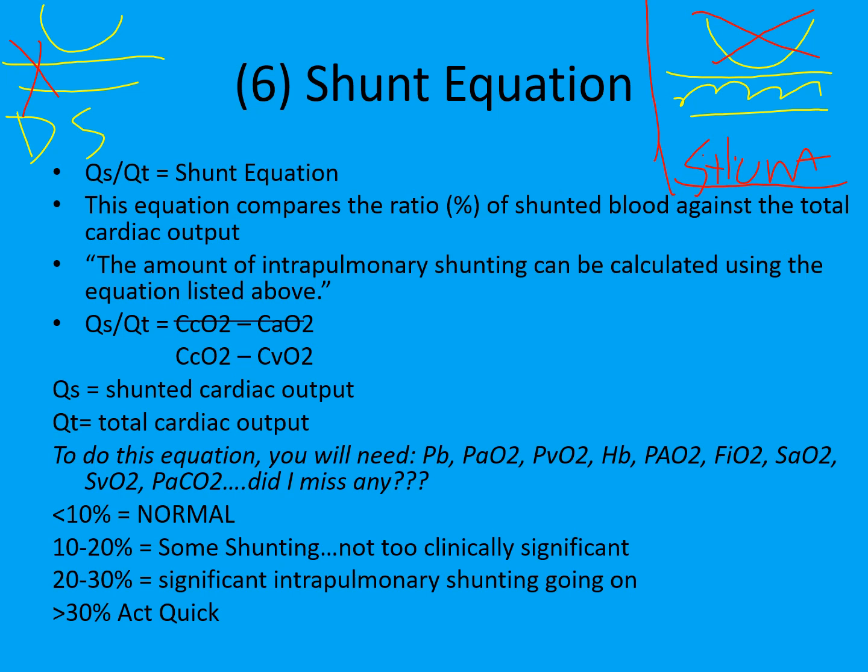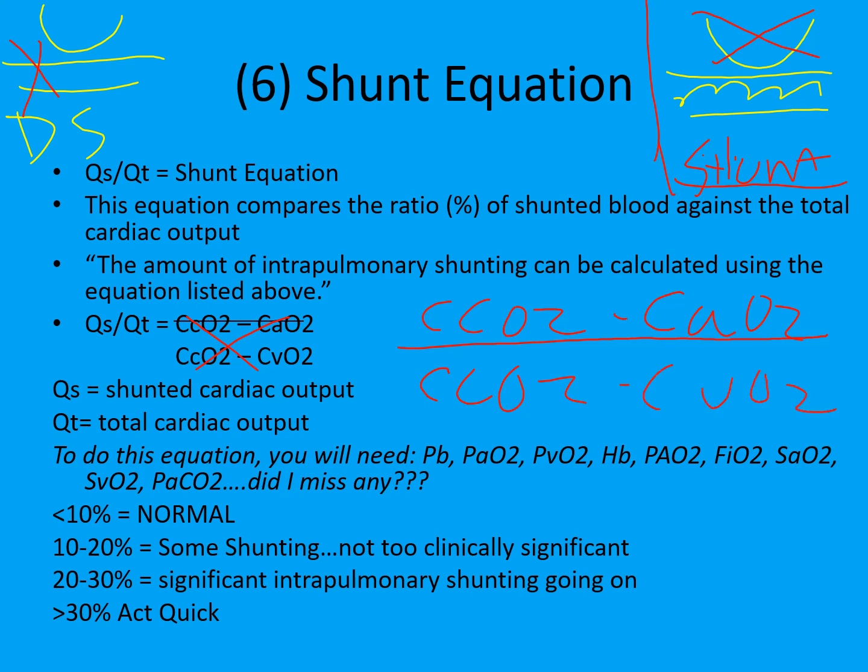So how much blood is shunted against the total cardiac output? This is placed a little funky. Your shunt equals your CcO2 minus your CaO2, over your CcO2 minus your CvO2.